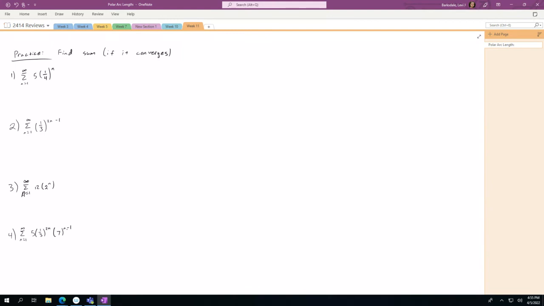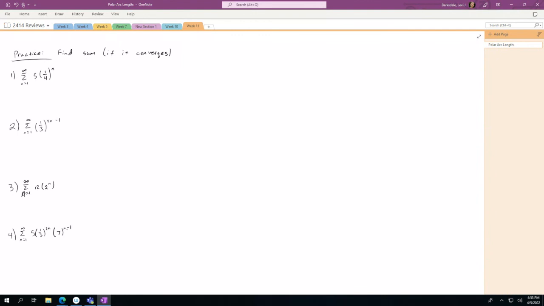In this case, our ratio is going to be a little off. What's different about this one? The only difference here is that we have a 2 in the exponent. What's your second term? So when n is equal to 2, you have 1/3 cubed, right?